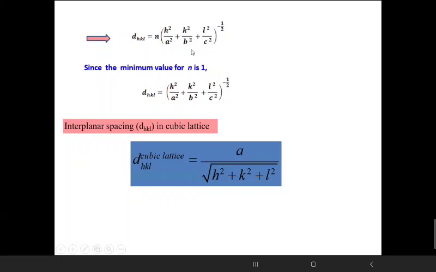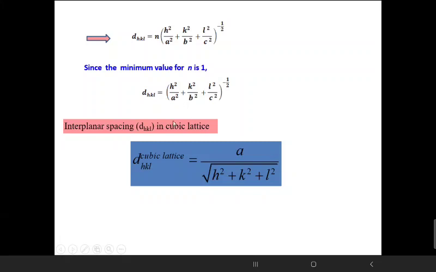When you apply them, you will get this: DHKL is equal to N into H squared over A squared plus K squared over B squared plus L squared over C squared, to the power of minus half. The minimum value of N is equal to 1. So, if you take N equal to 1, you will get this formula.